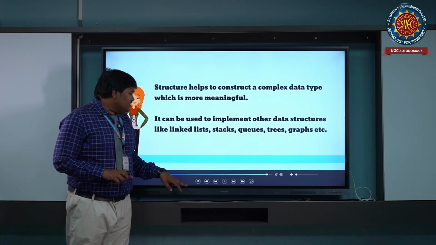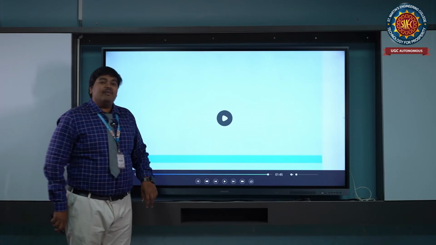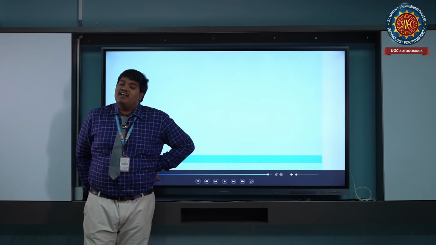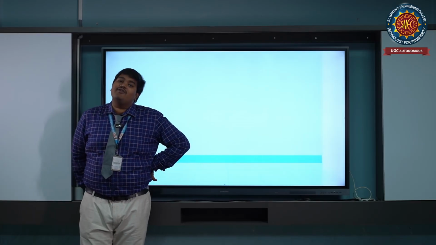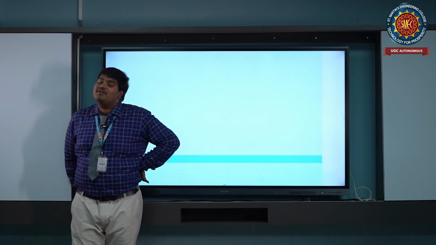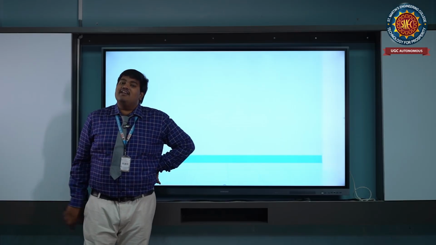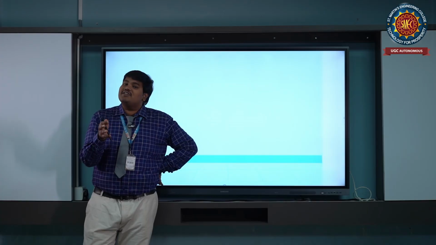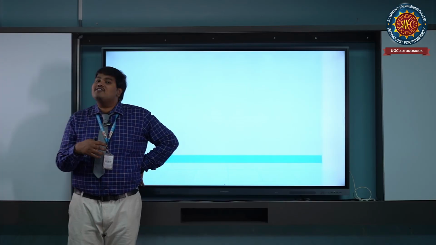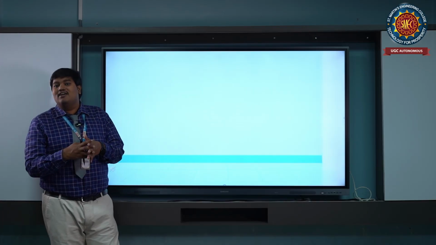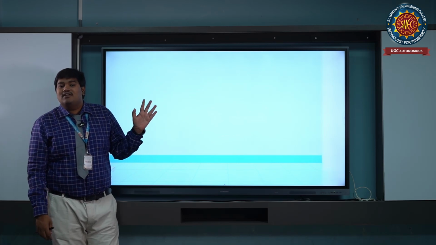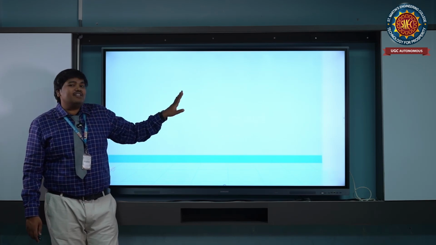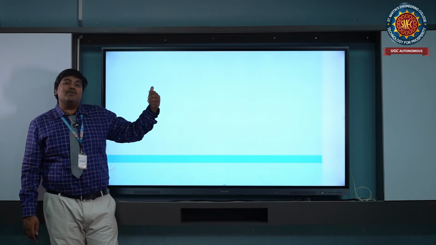So the main thing here is structure, array and union. We can use any type of data type for storing the elements. The difference is homogeneous elements and heterogeneous elements. Homogeneous elements are similar type of elements, heterogeneous elements are different types of elements here. So the problem with the array is you can store only similar type, you can't store one type of record.